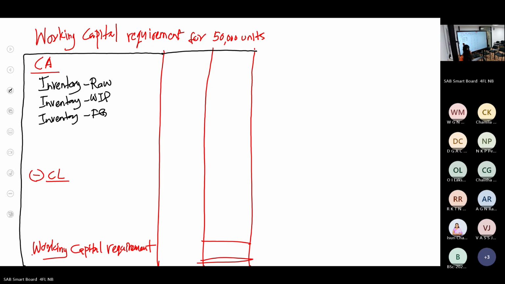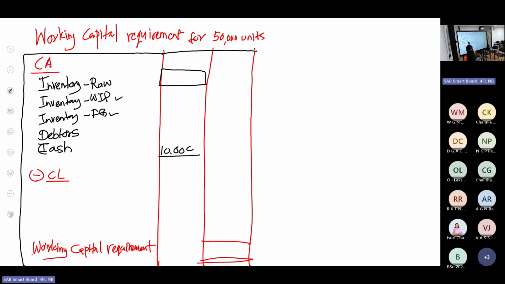And then the second main item, debtors. There might be some debtor balance. What else? As per the question, we were given the cash balance. Can anyone tell me the cash balance? That is 10,000. So you have to find the debtor balances. Hope the process is clear.